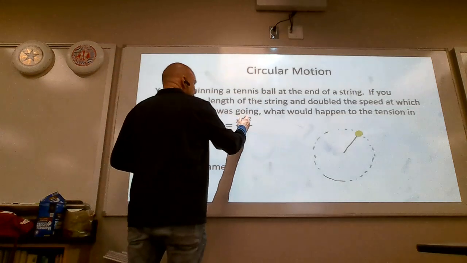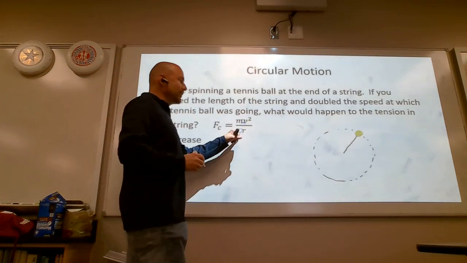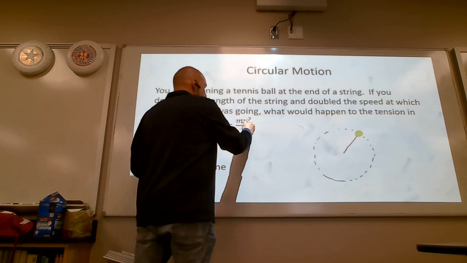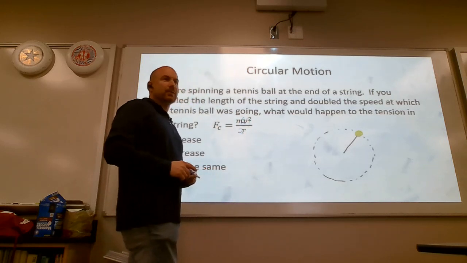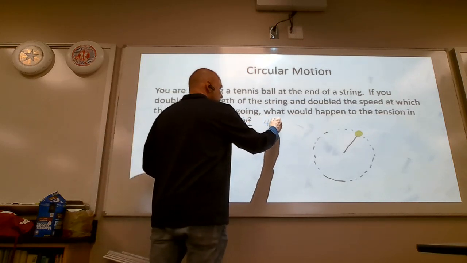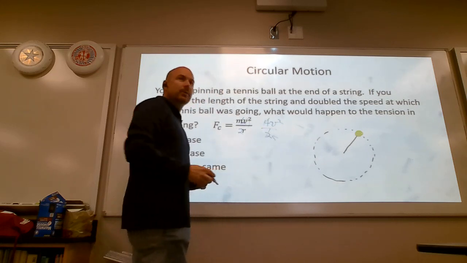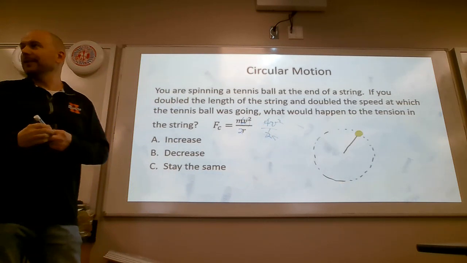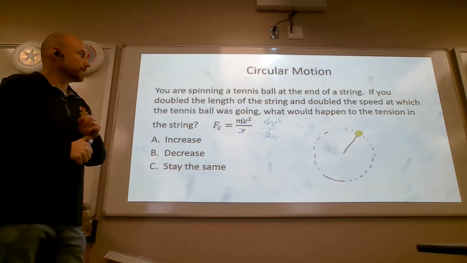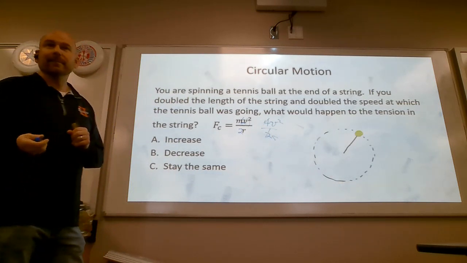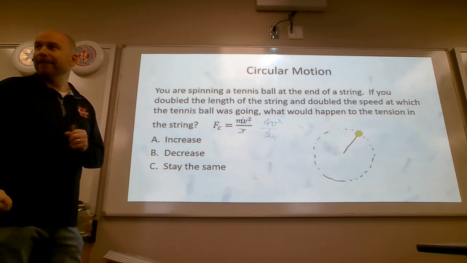If you double the speed and double the radius, these two don't cancel each other out because you first must square it. So we end up with 4v squared over 2r, and that becomes 2 times the amount of tension. Good with that?